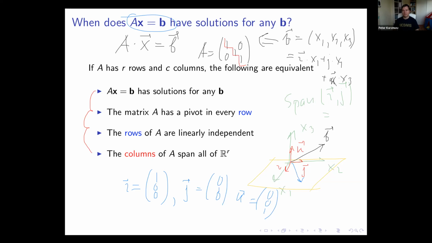If you take a rectangular matrix, then it will be more interesting. There I just have to check that there's a pivot in every row, and that's equivalent to saying that all rows are linearly independent, because the 1 stays at some position where the rest of the elements in the column are 0.